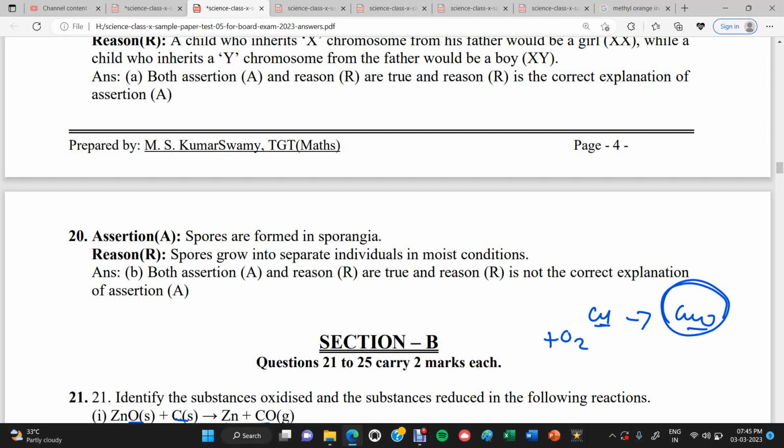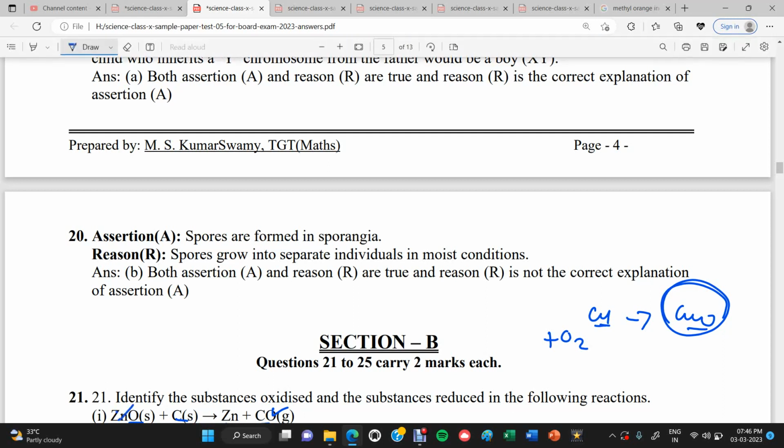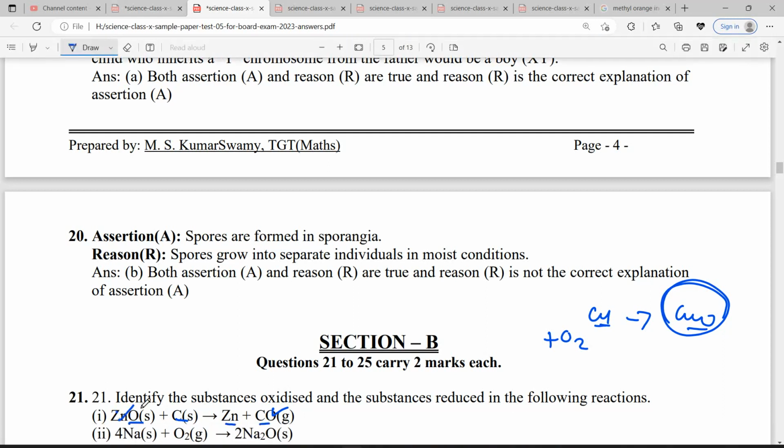Zinc oxide is there, carbon is there. Oxygen has been removed from zinc and added to the carbon. To which is oxygen added? Carbon is oxidized. From which is oxygen removed? Zinc is reduced. And in the next equation, you tell me what happened.